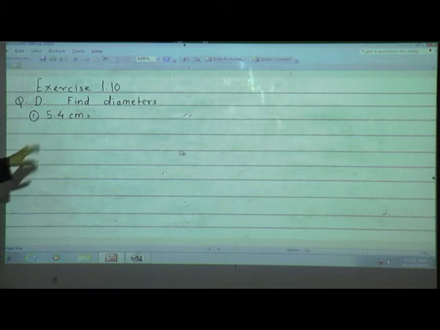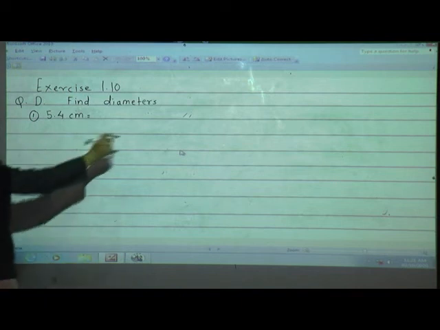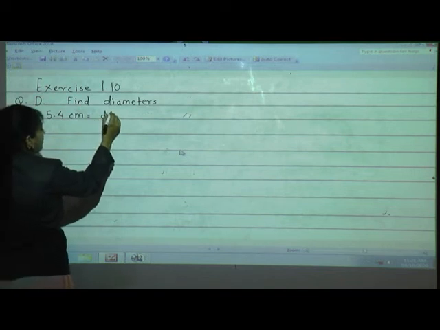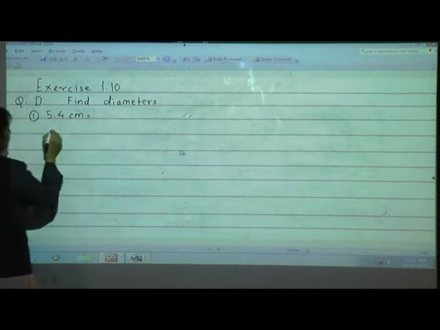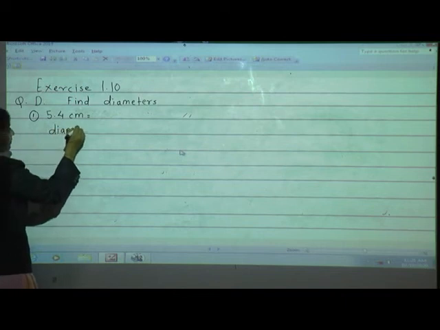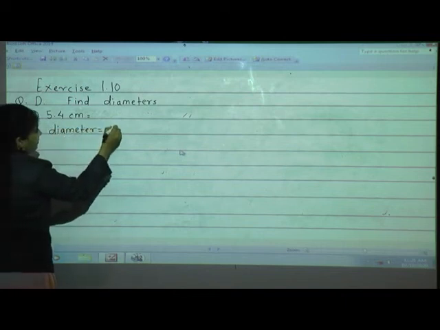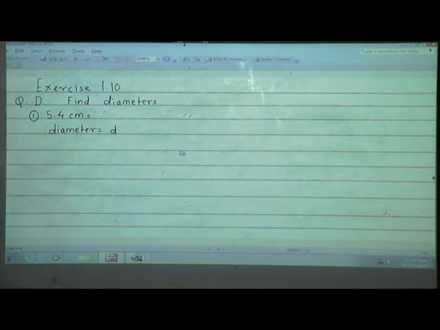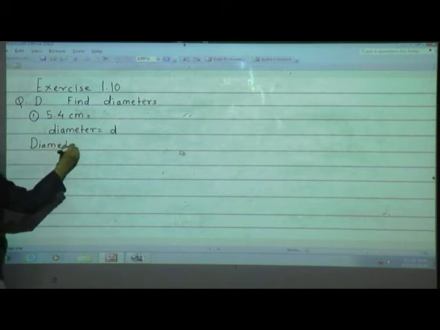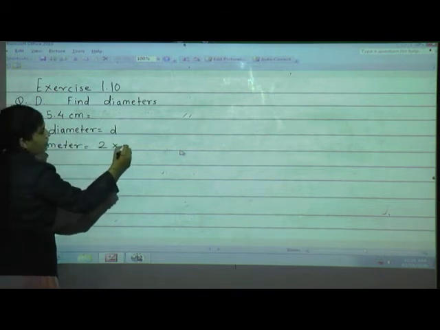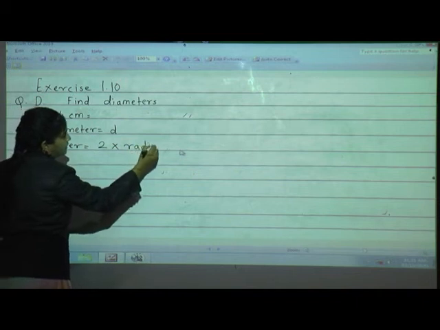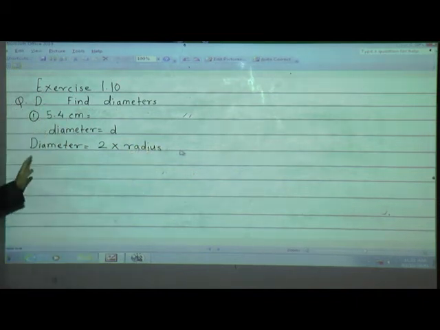Here they have given us radius and we have to find the diameter. So we'll put D in front of diameter. So what is the formula students? Diameter is equal to 2 into radius. This is the formula.